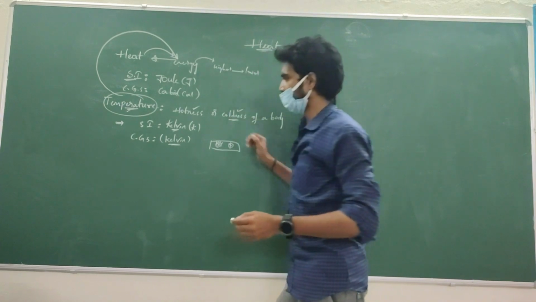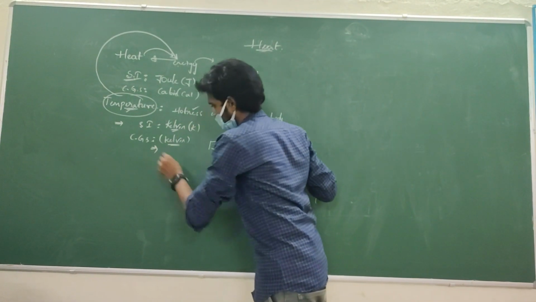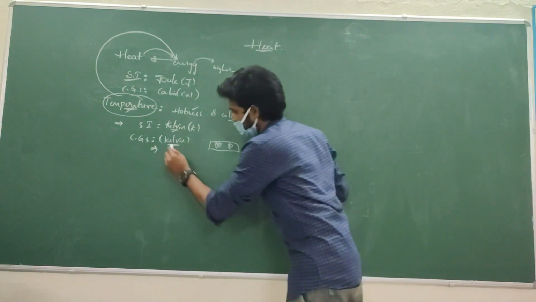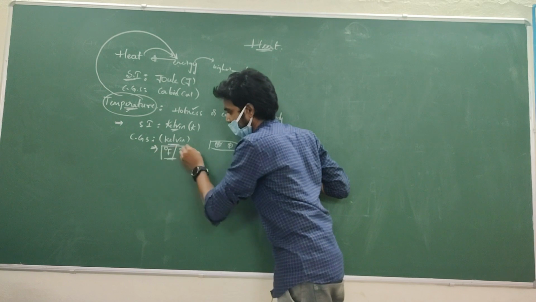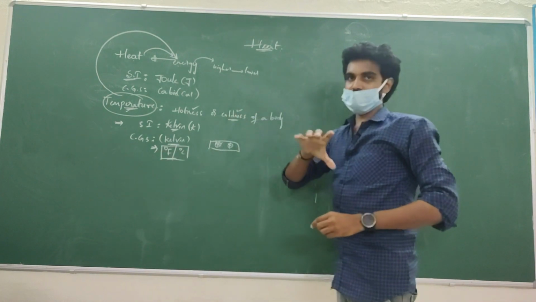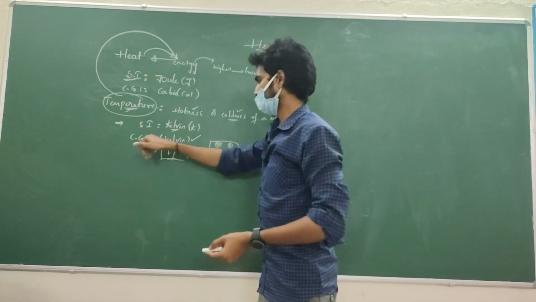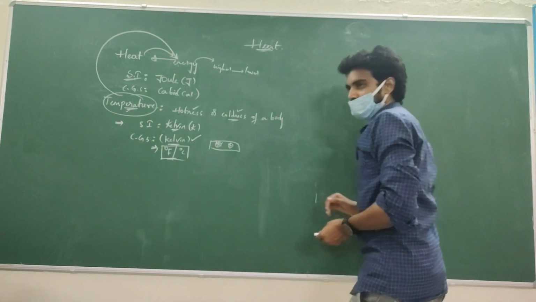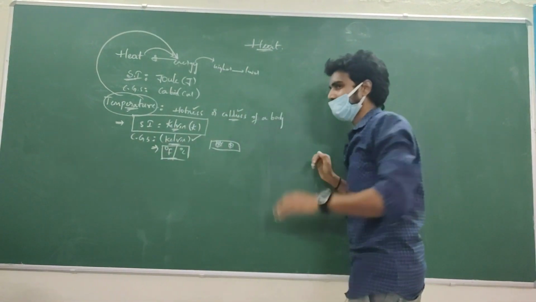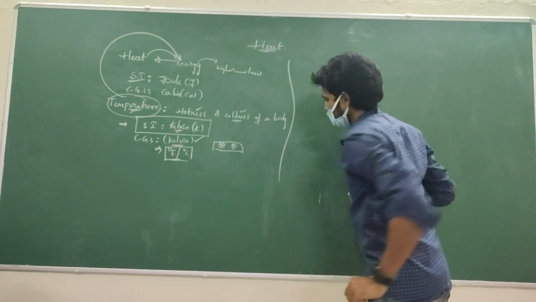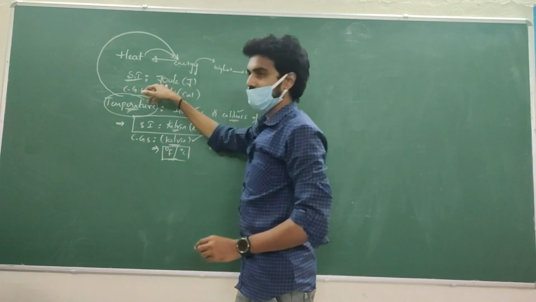There is no other unit for CGS, but in some other textbooks and materials, they might use degree Fahrenheit sometimes and degree centigrade sometimes. But if you browse the internet, they might simply say Kelvin is also the CGS unit for temperature. But in examination, they might ask only the SI unit, so don't get confused about it. So temperature SI unit is Kelvin. SI unit of heat energy is joule.